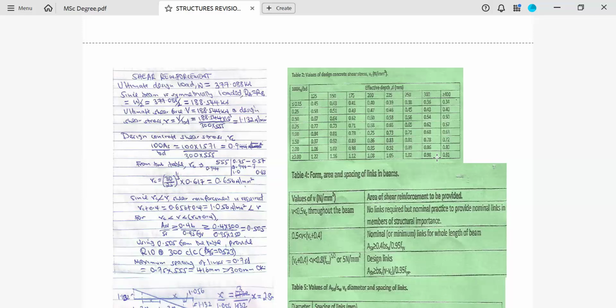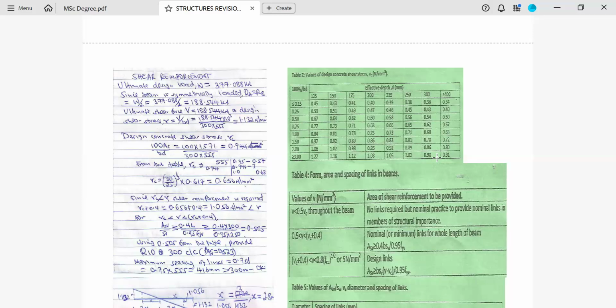Now, we divide each side by SV so that for the first part, as I told you, where V lies between VC and VC plus 0.4, as per the table, we shall take ASV over SV is greater or equal to 0.4 B. Remember, this is breadth divided by 0.95 FYV. Now, FYV means the strength of shear reinforcement steel.